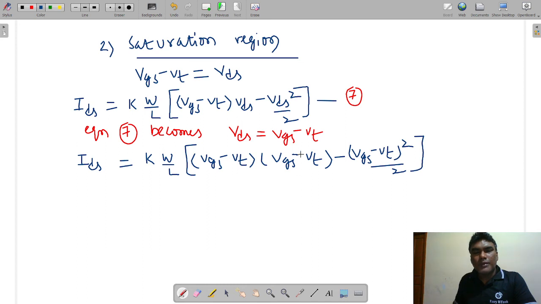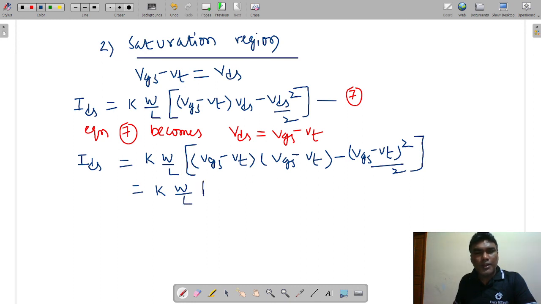So simplifying, we get K into VGS minus VT whole square by 2 minus VGS minus VT whole square by 2. So taking LCM, we find 2 VGS minus VT whole square minus VGS minus VT whole square by 2. Then we get VGS minus VT whole square by 2.